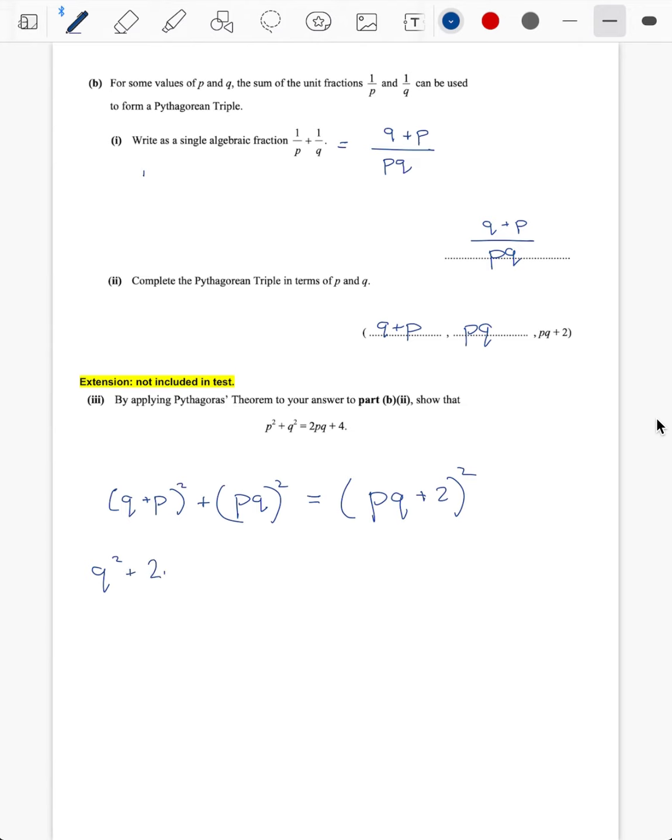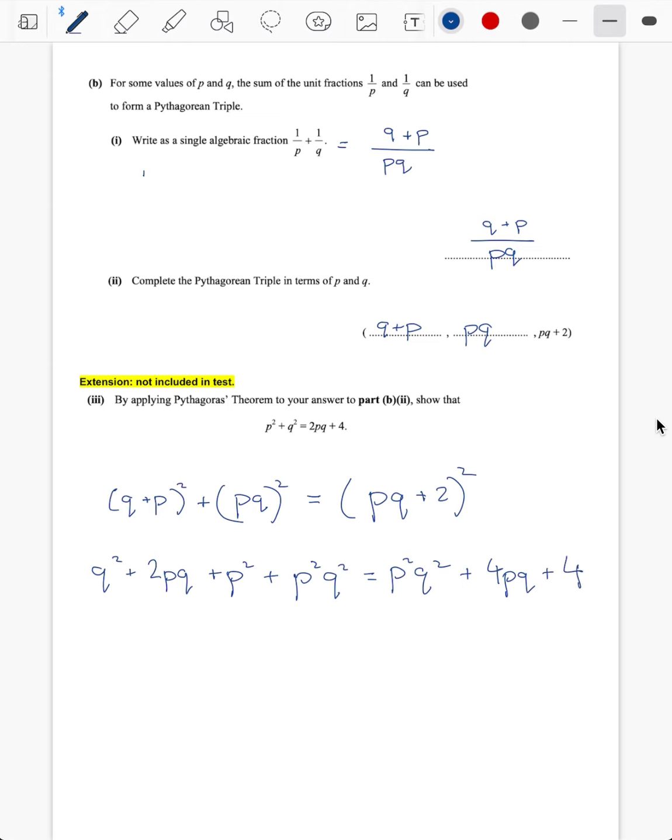plus 2pq plus p squared plus p squared q squared equals, now expand this bracket, p squared q squared plus 4pq plus 4.